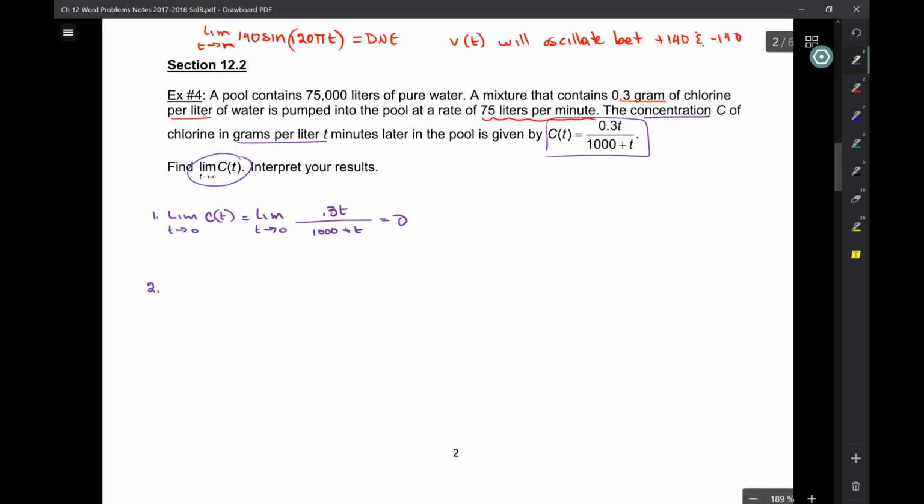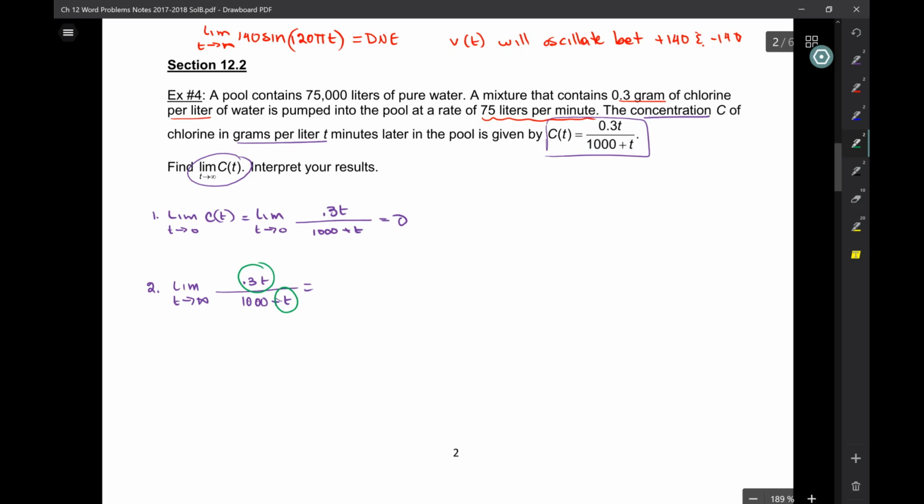So now let's go and ask what the problem was actually asking us. That's the limit as t approaches infinity of 0.3t over 1,000 plus t. Now, if we're looking at an infinite limit, you take the ratio of the terms with the highest degree.